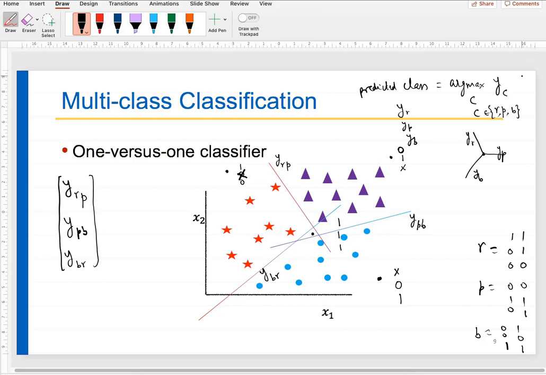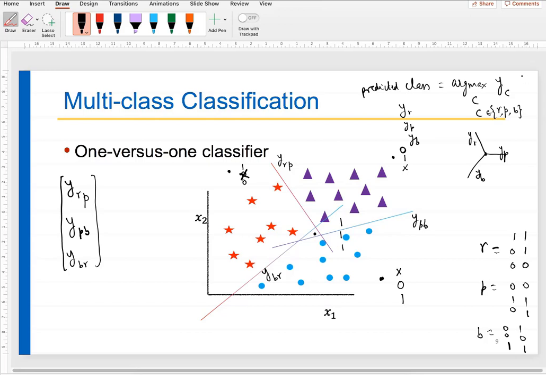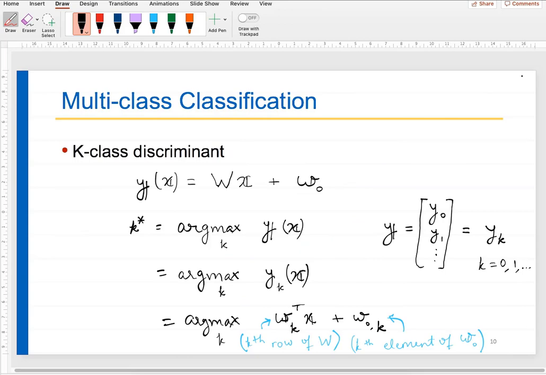How to calculate yc? We'll discuss that in the next slide. So this is how we calculate yc. My y vector is basically the same linear classifier which we studied in the past, wx plus w naught. In this case, I have got k classes.